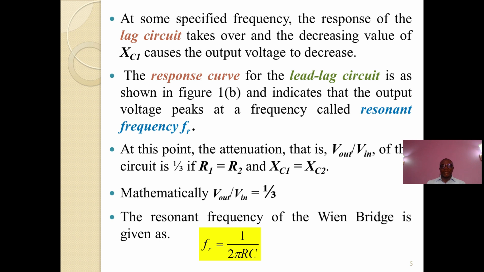So mathematically, we can say that V out over V in is equal to 1 over 3.